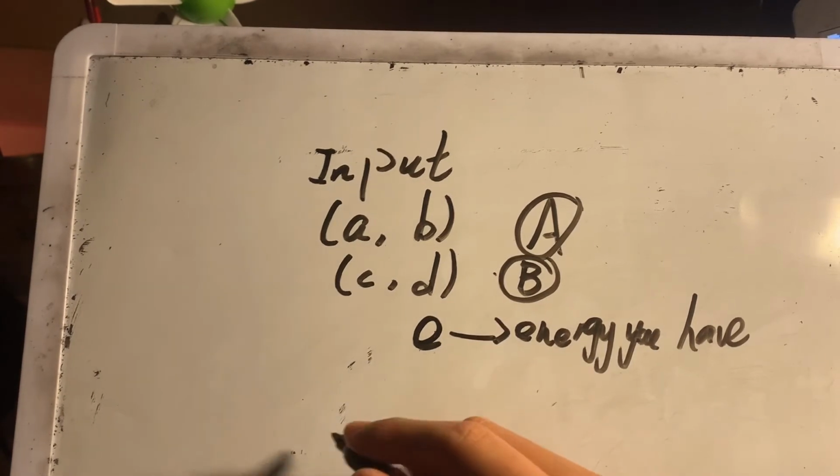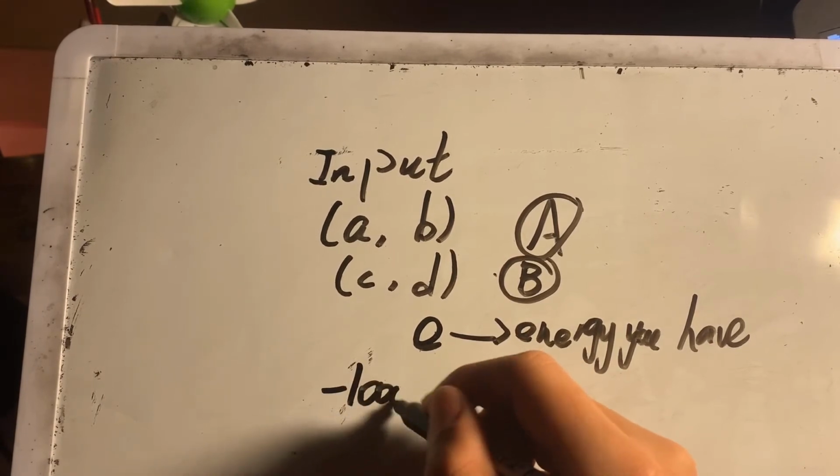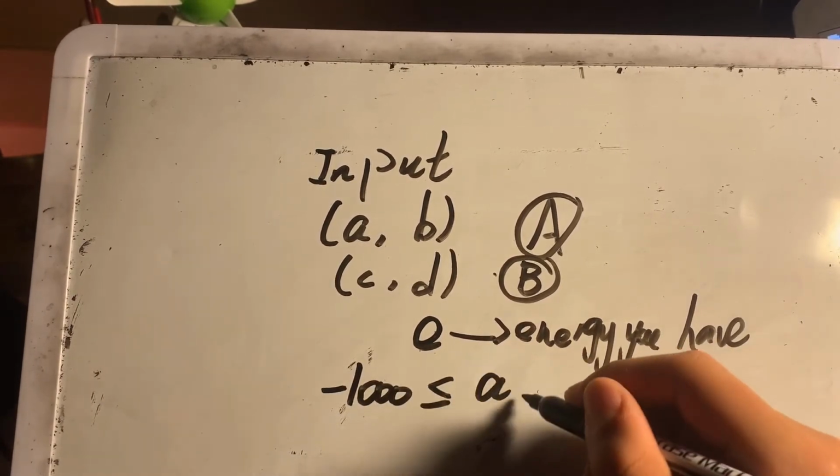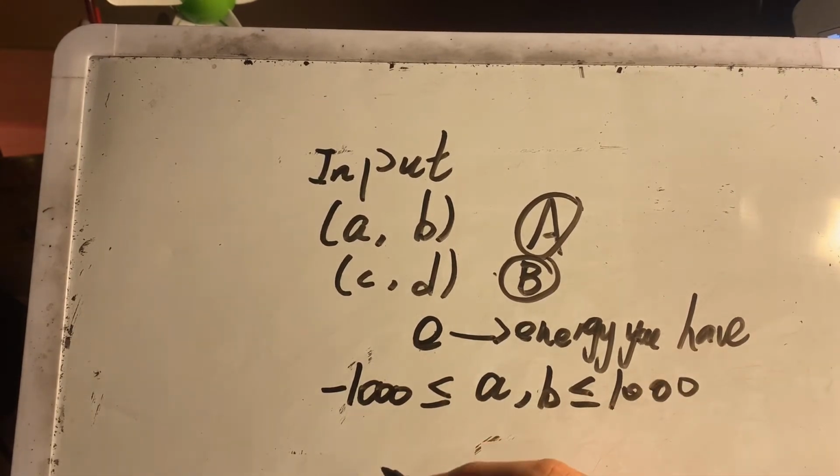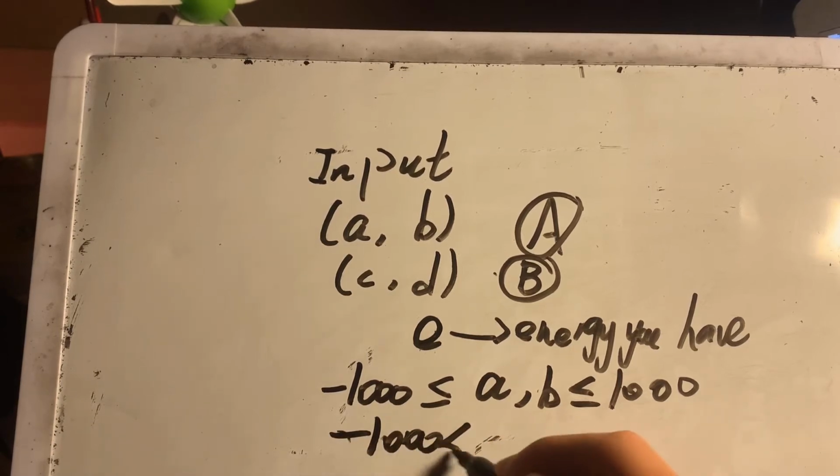So A and B have a range of this, while C and D also have the same range as A and B.